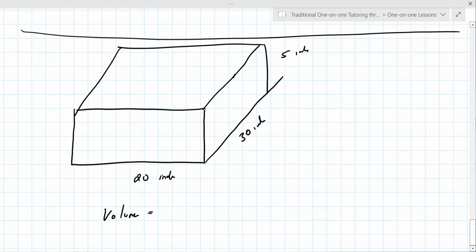From your notes or from earlier in the lesson, what is the formula for volume? What do you multiply? I'm asking for the words. Like how would you describe the volume to someone that doesn't know math?